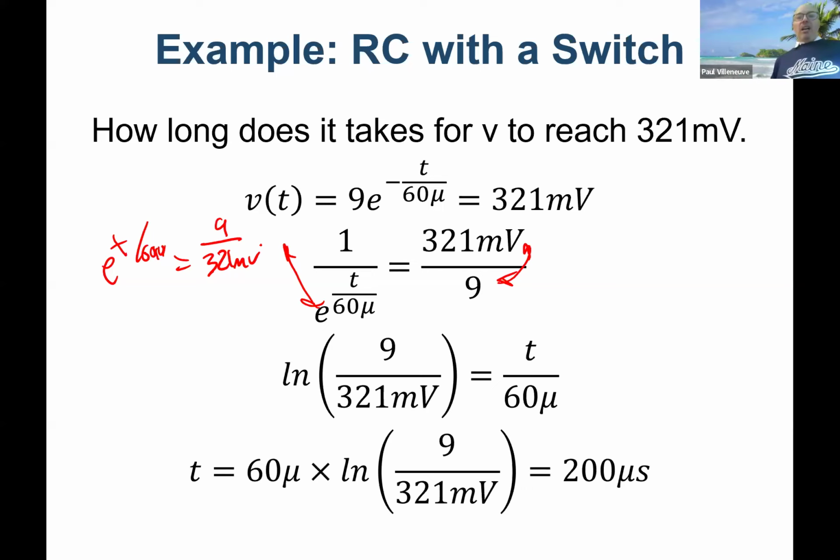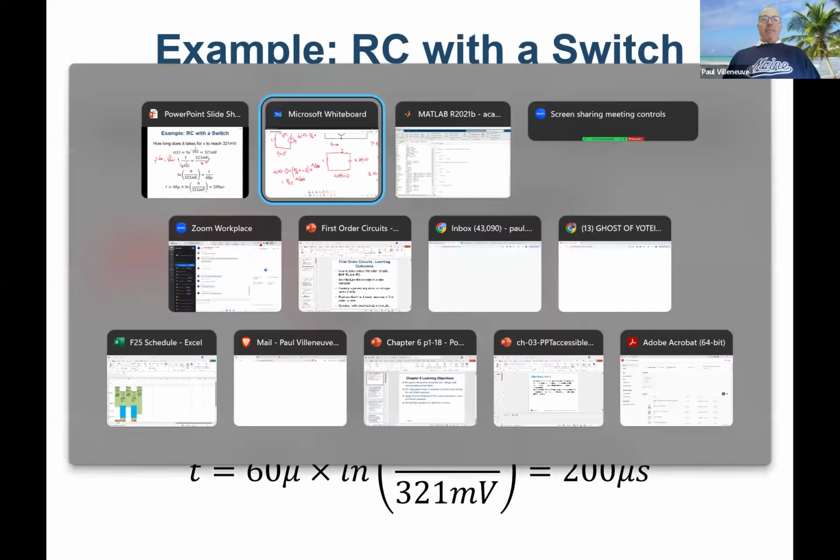Now I take the natural log of both sides to get rid of the e term. So the natural log of 9 divided by 321 milli is going to be equal to t over 60 micro. Multiply both sides by 60 micro, and I get 60 micro times natural log of 9 divided by 321 milli equals 200 microseconds. I'll show you how to do that in MATLAB.